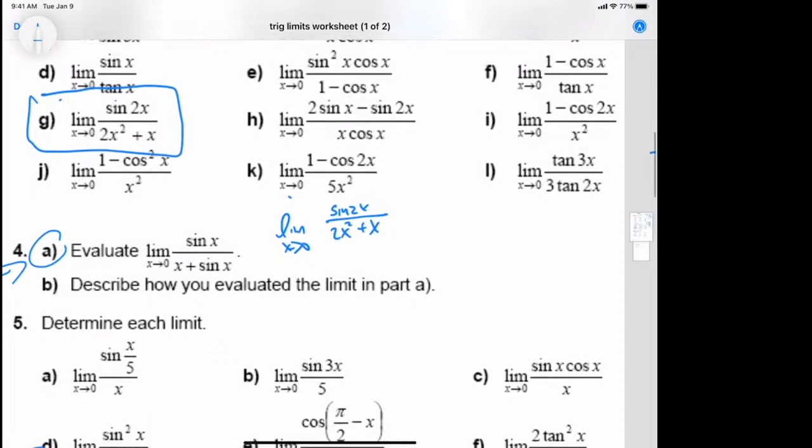What you can do is factor out x. So sine of 2x over x times 2x plus 1. Does that make sense? That's not what he did though. What he did was multiply the top and bottom by 2. He just did that in 2 steps. Yeah, that's why I was confused. That's how he thinks about it. He multiplied 2 over 2.